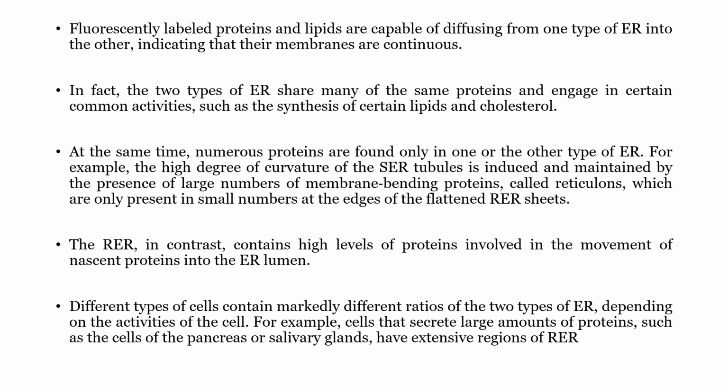In fact, these two types of endoplasmic reticulum share many of the same proteins. They are engaged in common functions such as synthesis of lipids and cholesterol. At the same time, in one type of ER, certain proteins are present in larger numbers than in the other.